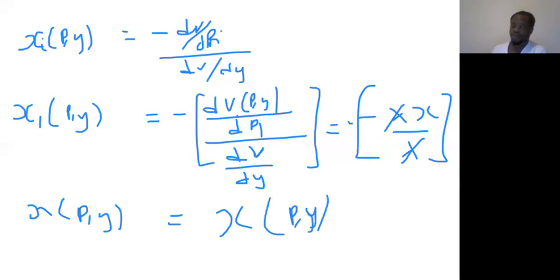Now we can as well try with what we just did. You can try this using the indirect utility function that we have already solved for, which is this one.